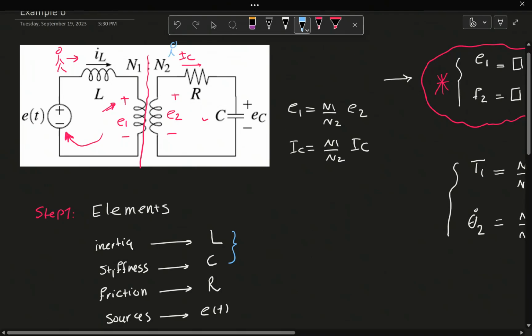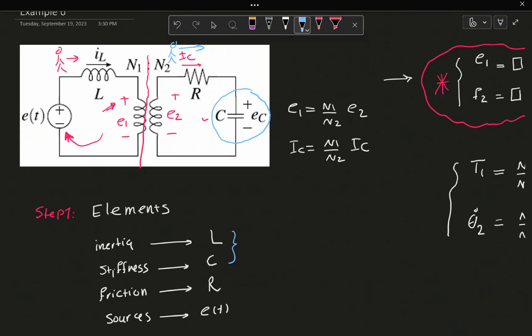I'm going to walk on this circuit in the direction of the current IC. Yes, so if you look at this, when you walk over R, the voltage drops because you move in the same direction of the current. Similarly, the voltage across this guy drops because you move in the same direction of the current across the capacitor.